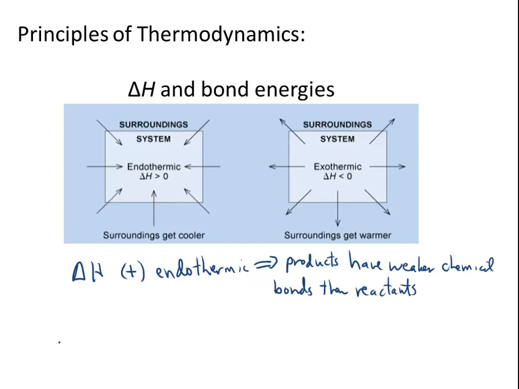That is, in an endothermic process, the bonds are getting weaker as the reaction occurs. If delta H is negative, it's exothermic. The products have stronger bonds than do the reactants.